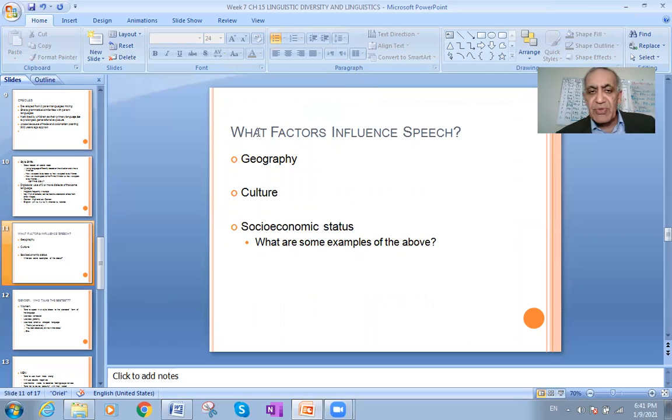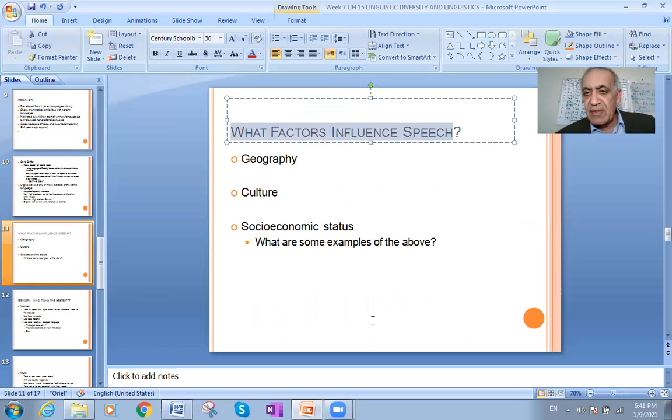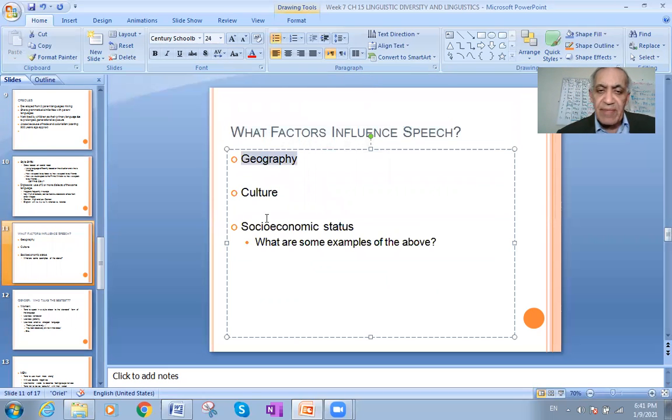What are the factors which influence speech? Geography, the area. You find some places in the world, which they call manner of articulation, where they cannot pronounce ph as f, they pronounce it p. In some other places, w is pronounced v.